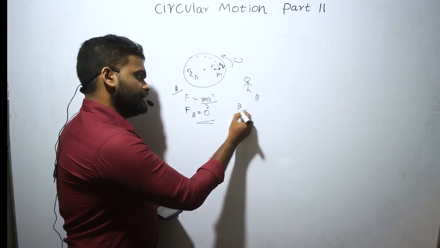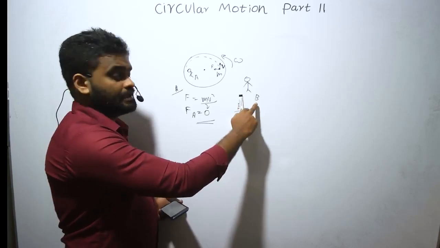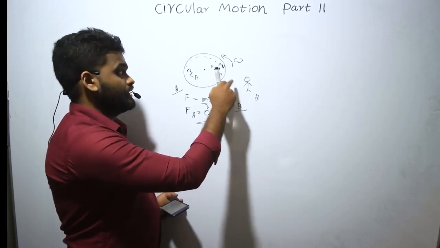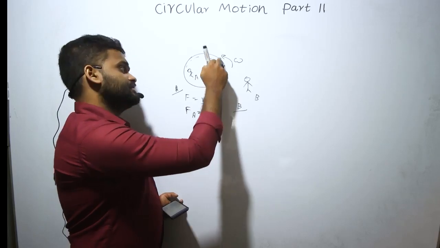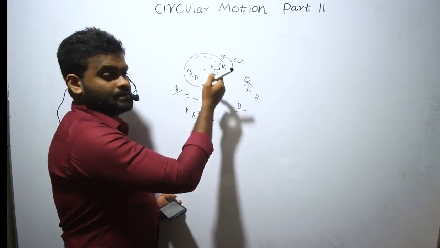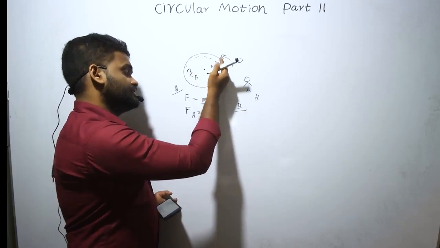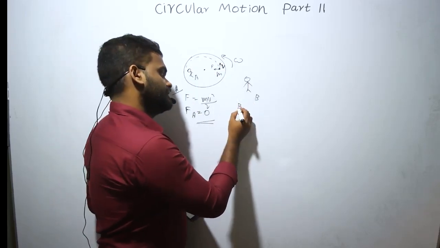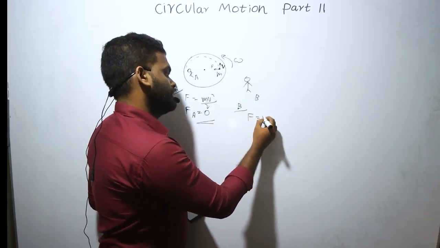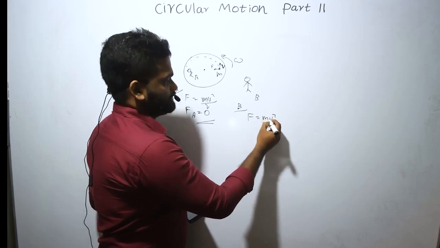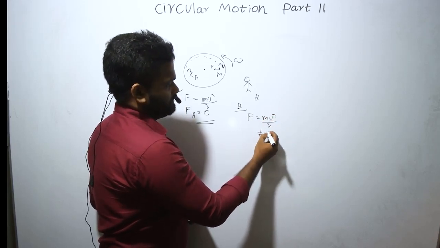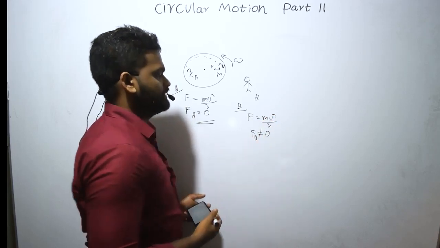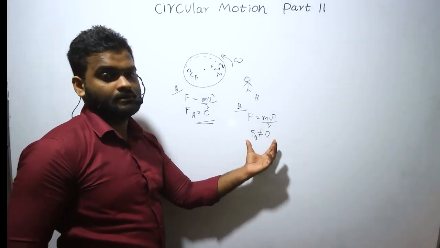But if you think about B, B is on the ground. He is in an inertial frame. He sees this velocity. He sees this rotate. So he sees the tangential velocity, or it can be angular velocity. B sees that. So none of these are 0. So according to B, he sees the centripetal force.